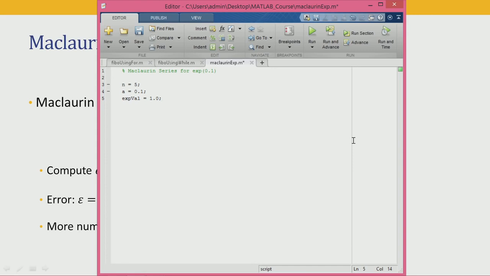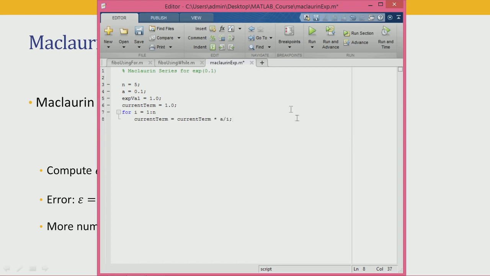So, that is what we are going to do. We will call current term 1.0, and we will use a for loop for I equal to 1 to n, okay, and current term equal to current term multiplied by a divided by I.